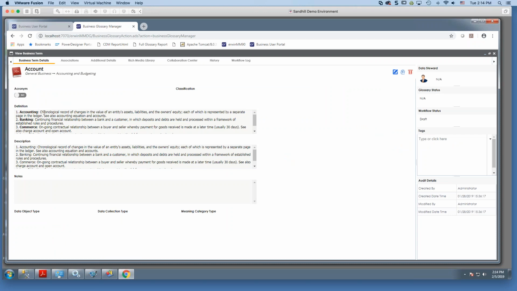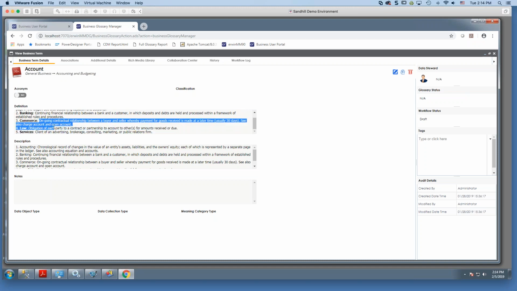So accounting, and this would be the definition as it relates to accounting. The same definition, but in the banking context, and then another definition in, let's say, commerce and law, et cetera. So the tool is fairly flexible, and you can set it up and structure it any way that you like.